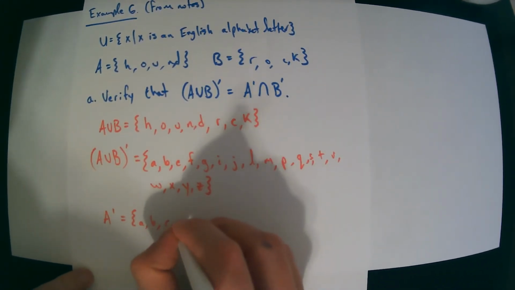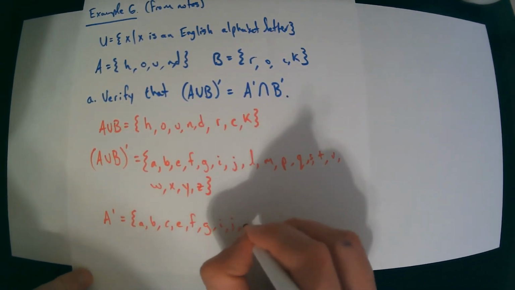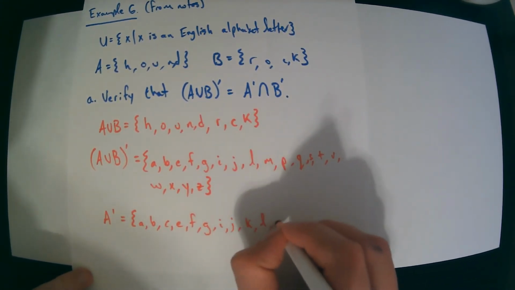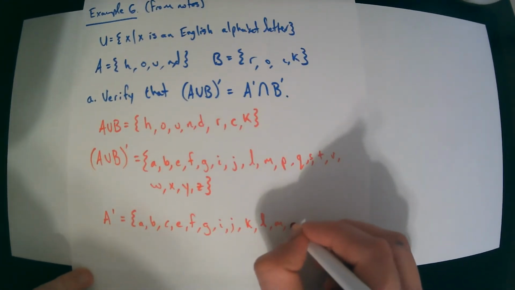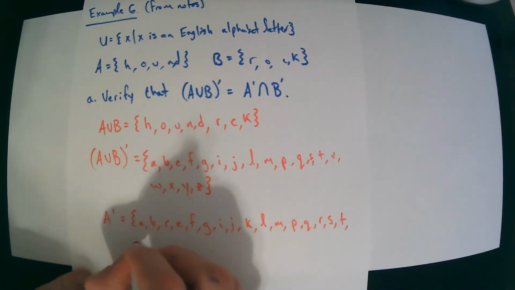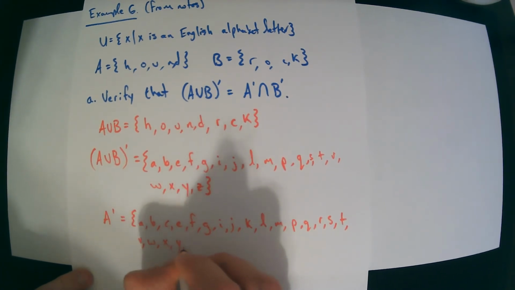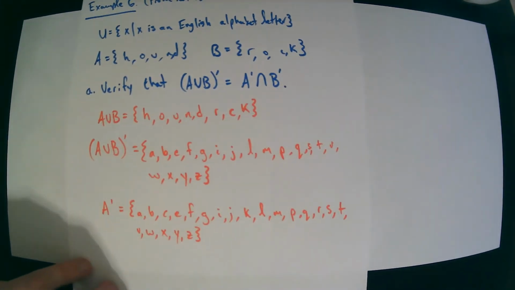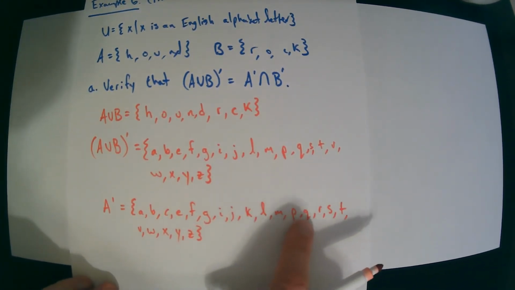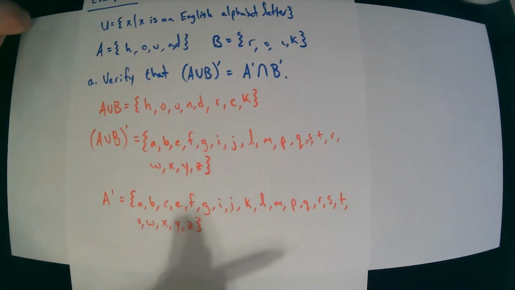A, B, C, not D, E, F, G, H is not there, I, J, K, L, M, N, O, P, Q, R, S, T. U is in the set, and V, W, X, Y, Z. If I'm not sure, I could count these up. 1, 2, 3, 4, 5, 6, 7, 8, 9, 10, 11, 12, 13, 14, 15, 16, 17, 18, 19, 20, 21, plus these 5 is 26.